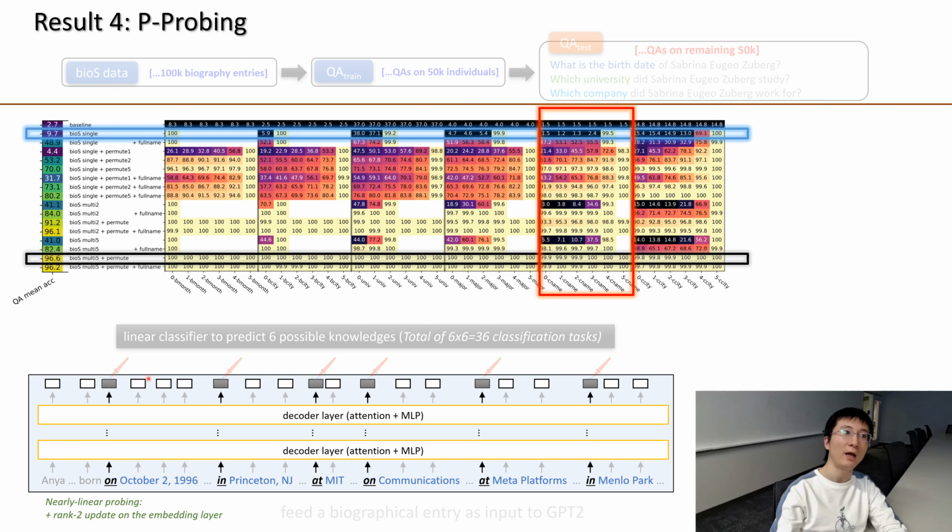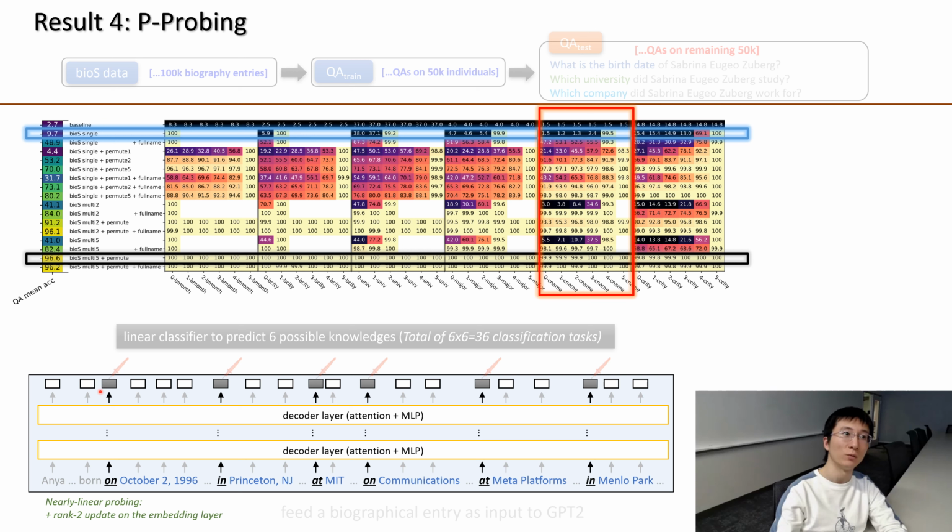But if you were anywhere earlier in those 4 positions, the prediction accuracy is pretty close to 0, only 1 or 2%. In contrast, if you augment the data by adding permutation and adding multiplicity to the biographical entries, then the accuracies are 100% everywhere.